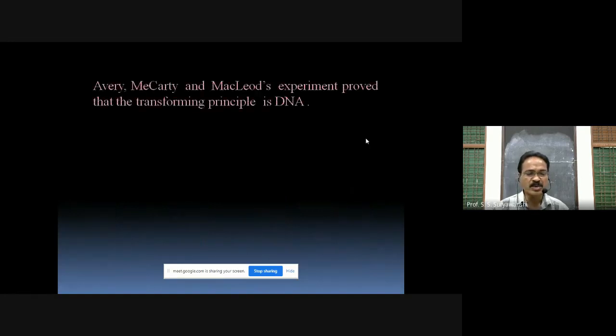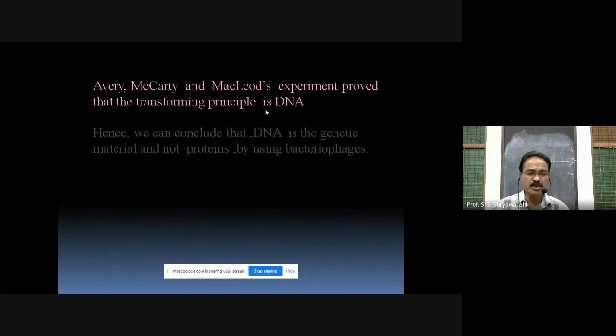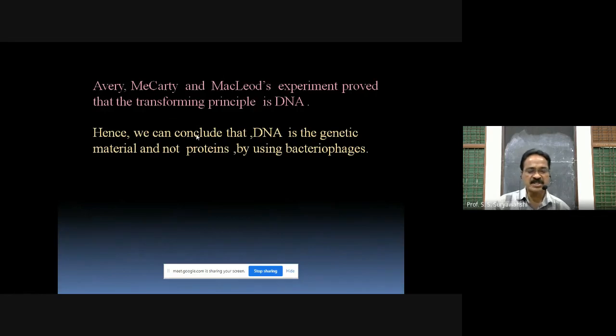Hence, they concluded that the Avery, McCarty and MacLeod experiment proved that the transforming principle is not RNA, not proteins, but the DNA. So this DNA, especially in the eukaryotes we are talking about, acts as the transforming principle. Hence, the conclusion of these three scientists, based on the Griffith experiment, was that the transforming principle is none other than the DNA. So we can conclude that DNA is the genetic material and not proteins or RNA.